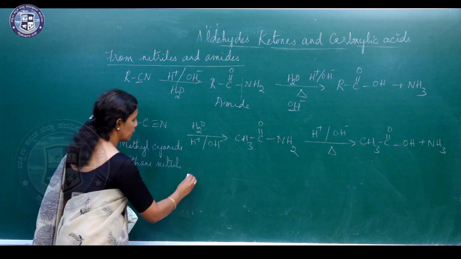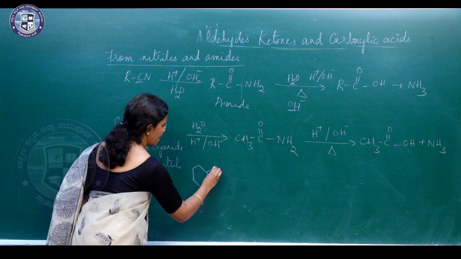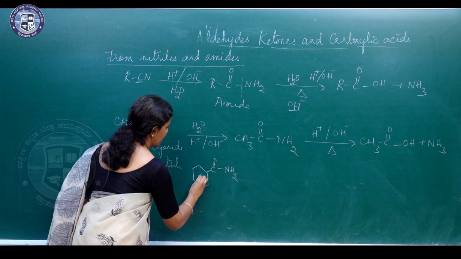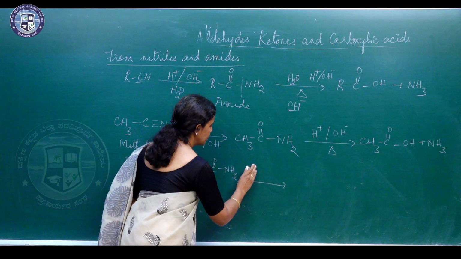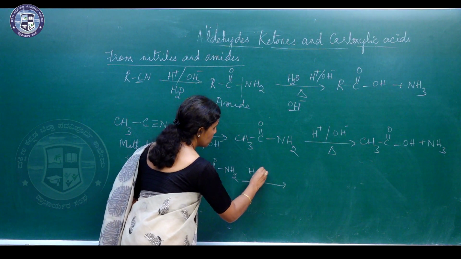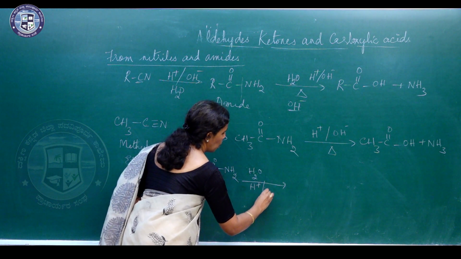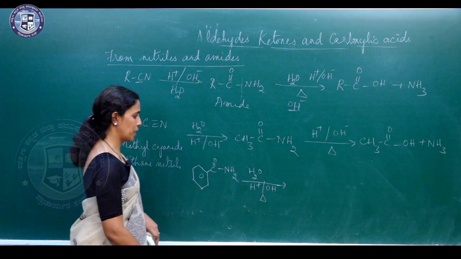So, suppose you are given benzamide, and you are subjecting it to hydrolysis in presence of H plus or OH minus as catalyst. So, what is the product you expect here?